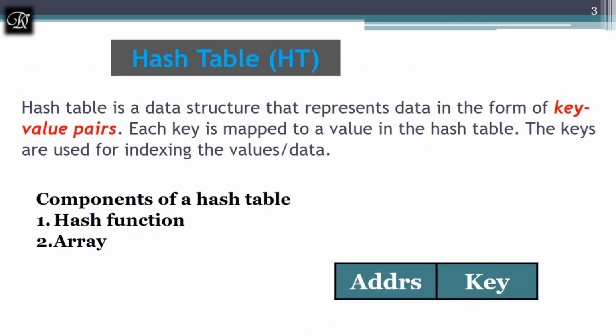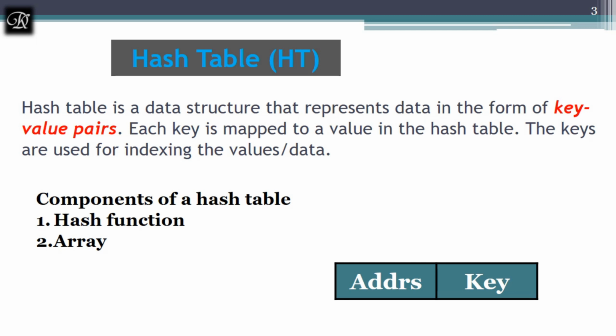Let's see the definition of a hash table. The hash table is a data structure that represents the data in the form of key-value pairs. Each key is mapped to a value in the hash table. The keys are used for indexing the values or data. Here we are going to rename key as address and value as key, according to the question.